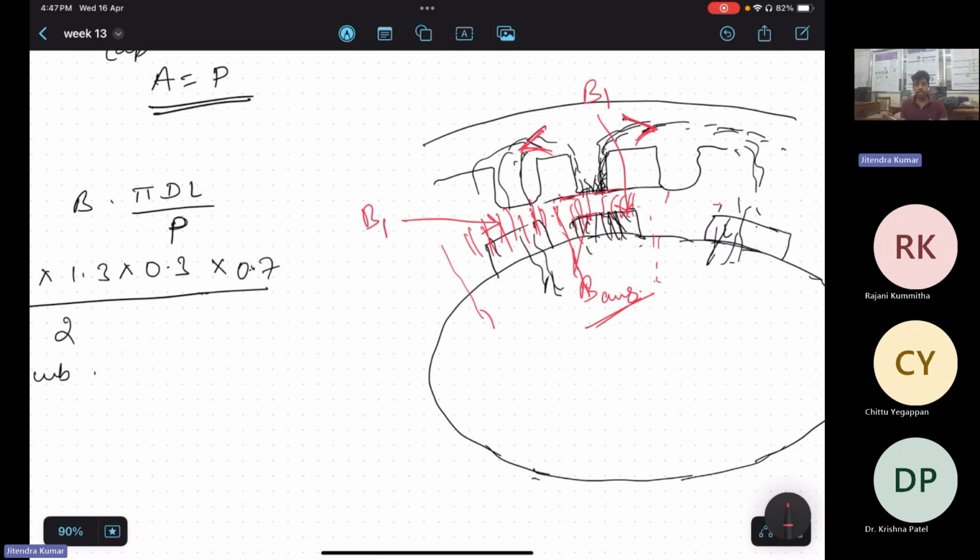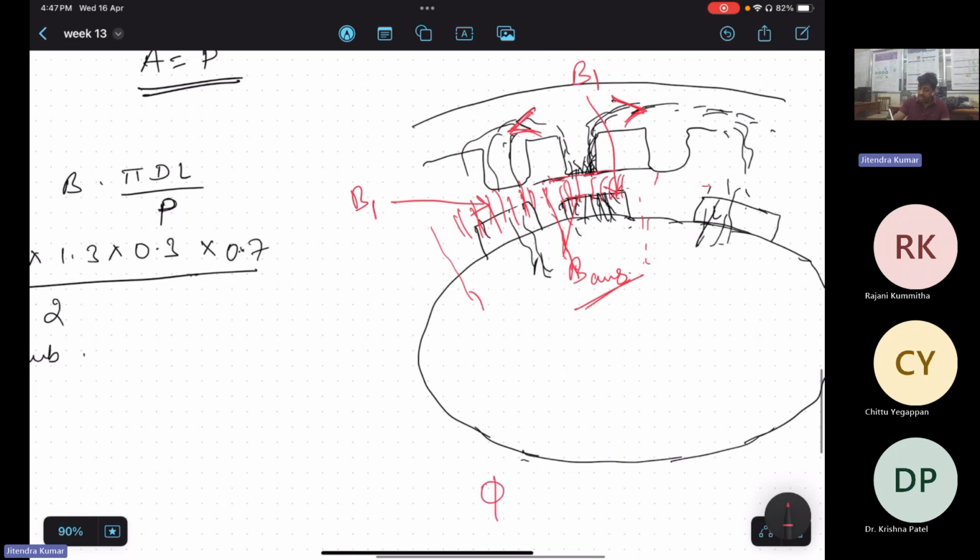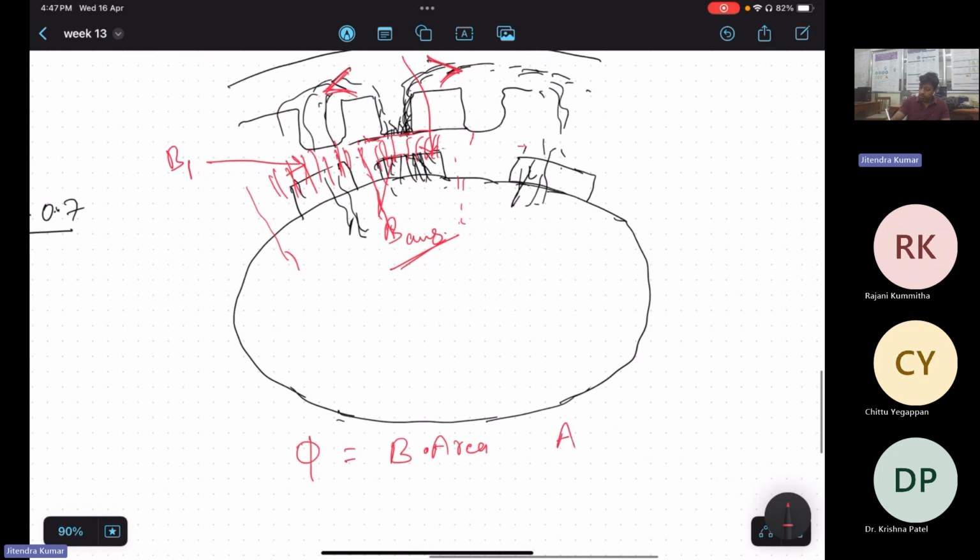The flux density is the same. The confusion is arising in the flux linkage, which is B into area. And area is what? Pi d l. If you are considering pi d l, it means you are considering the entire rotor, the entire number of poles. You are getting my point?